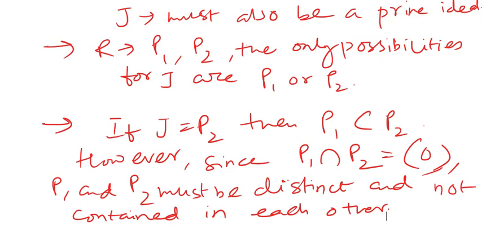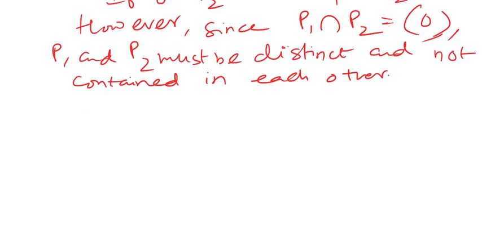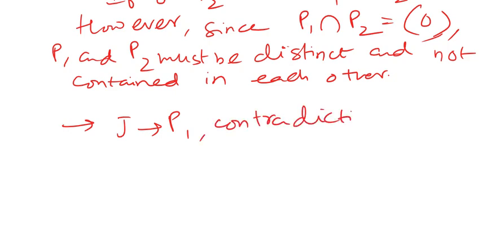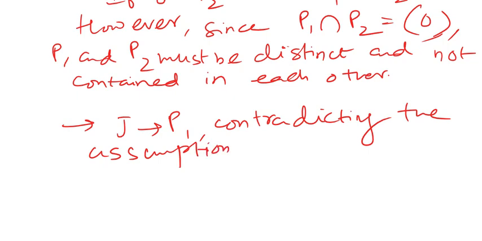Okay, and the last point is, therefore J must be P1, contradicting the assumption J not equal to P1.